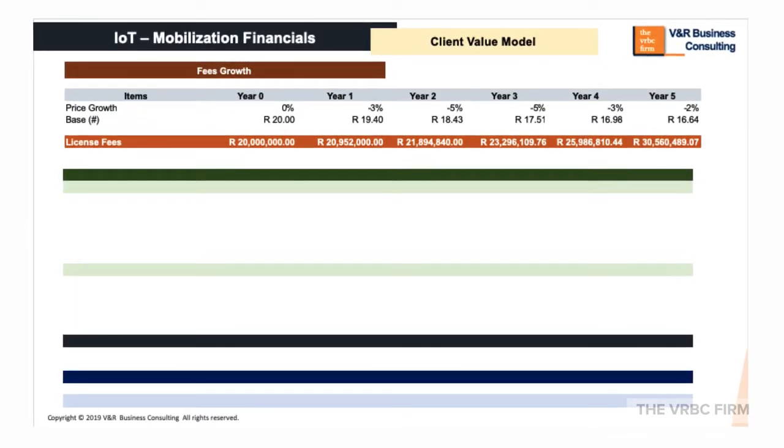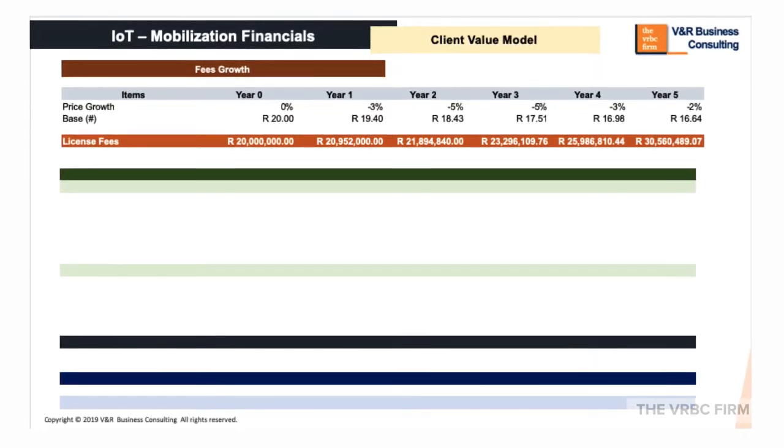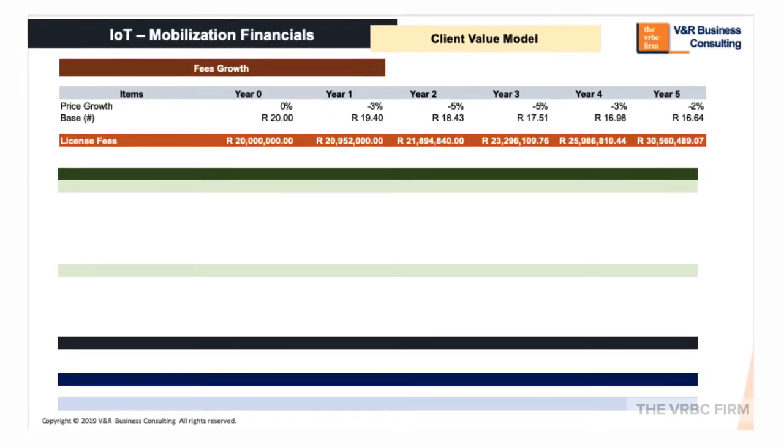So let's work out the value generated. We start with the license fees, which we estimate to decrease with a growing base of objects connected to the network. Economies of scale.